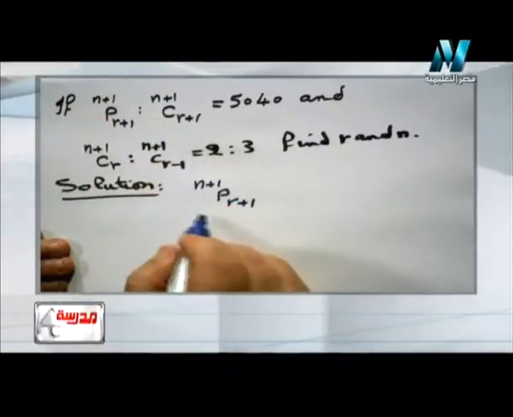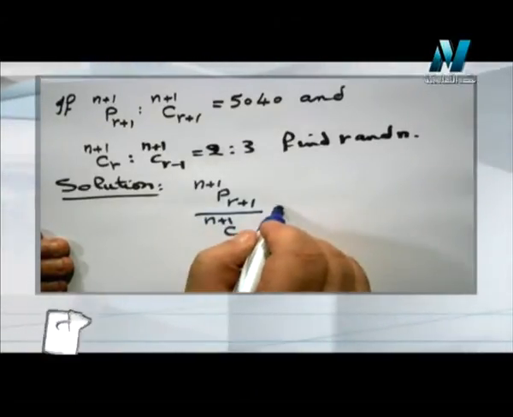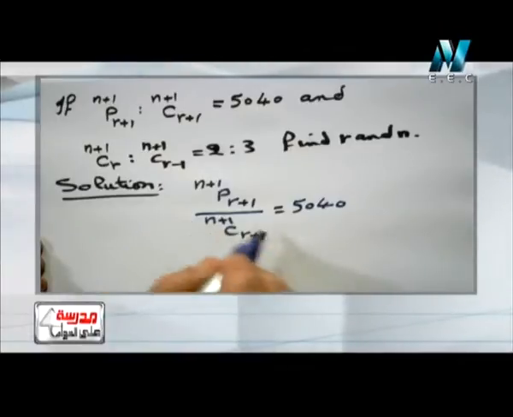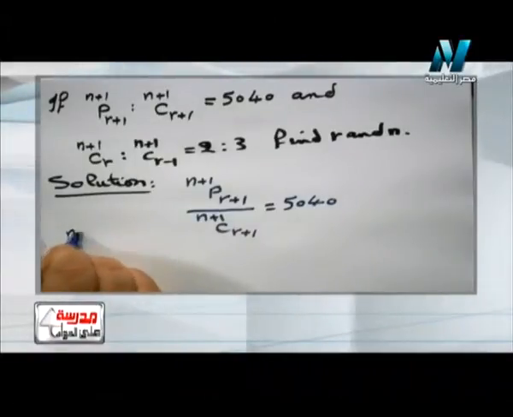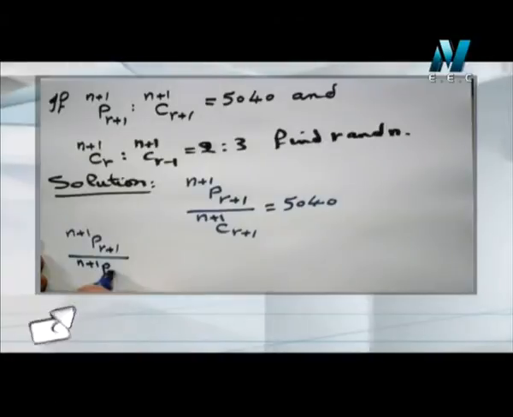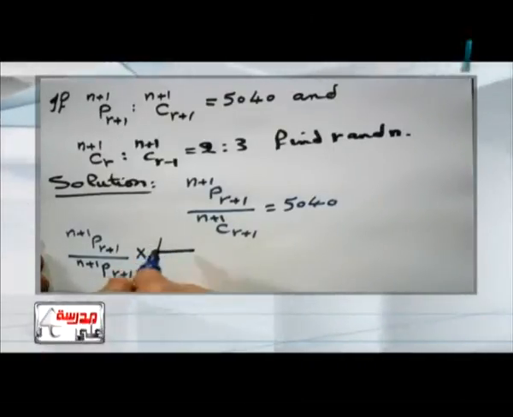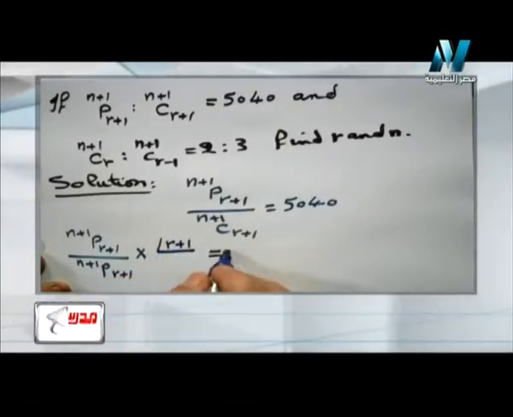So (n plus 1)PR plus 1 over this equals 5040.